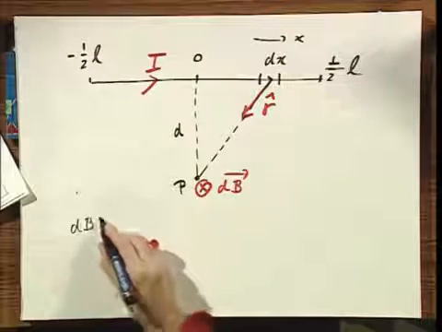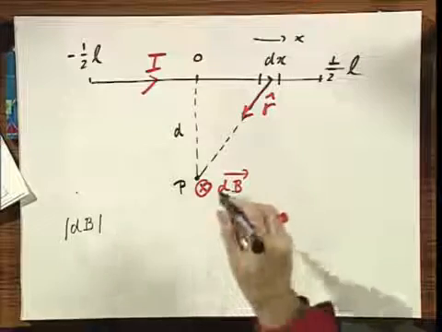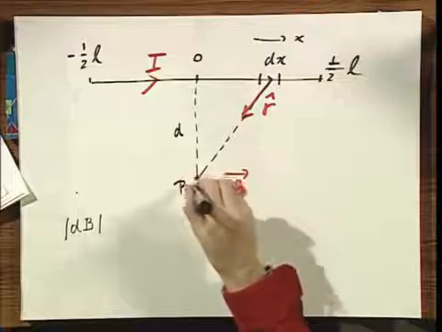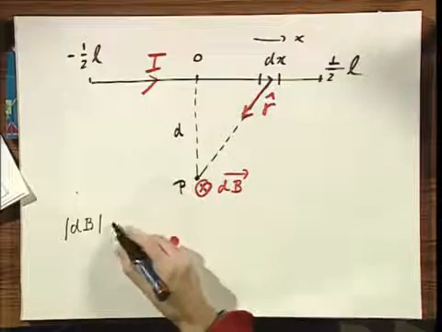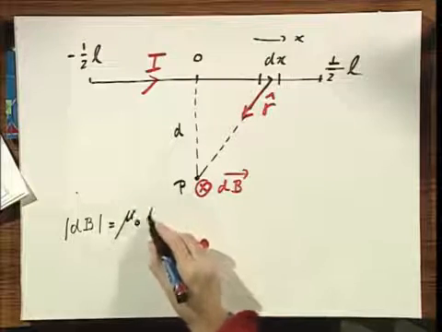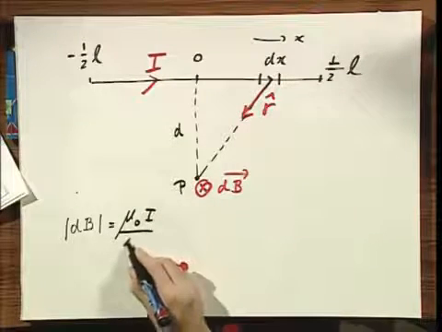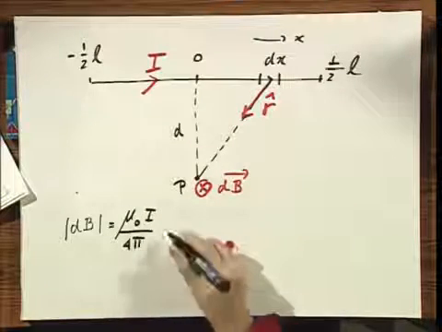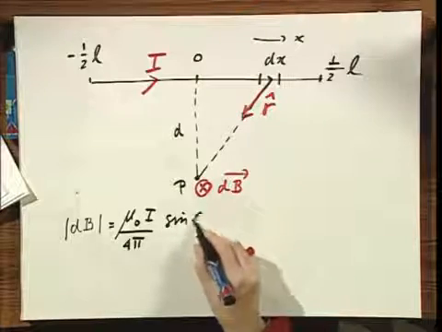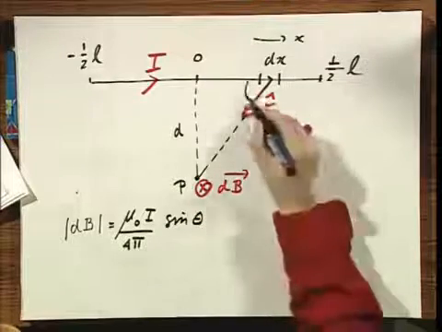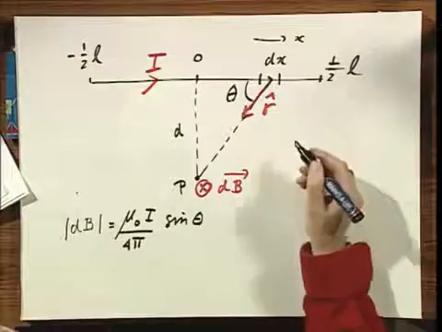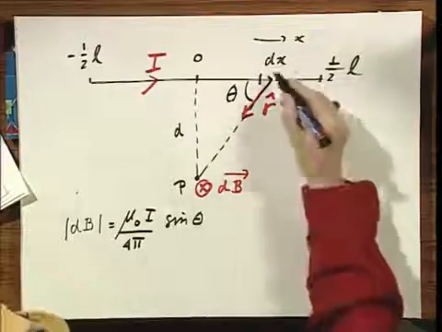Now, what is dB? I take the magnitude, because I already know the direction, it's down. dB equals mu0 times I, divided by 4 pi, times the sine of theta, because remember, it's a cross product, and if this angle is theta, I have to take the cross product into account between dx and r.